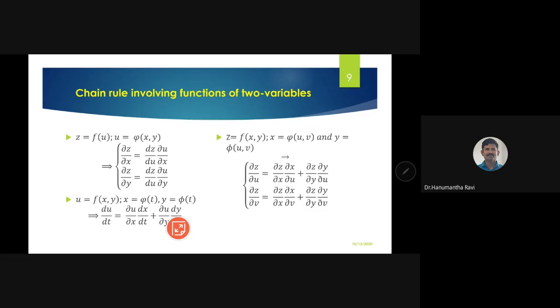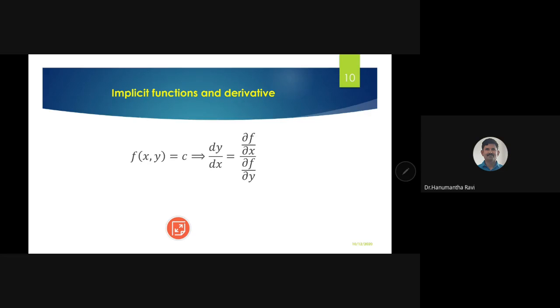Similarly, the third one is a function of two variables x and y labeled z, where each of x and y is a function of two variables. For that case also we have chain rule. So in principle we have three versions of chain rule when dealing with functions involving two variables. On the other hand, we have chain rule for implicit functions also, that is mentioned here.